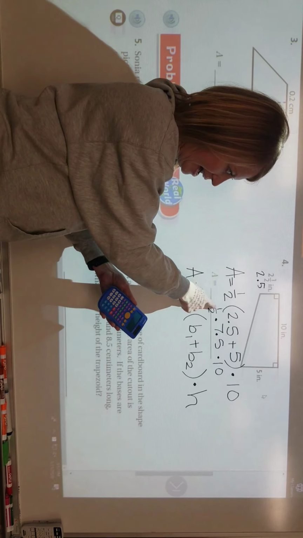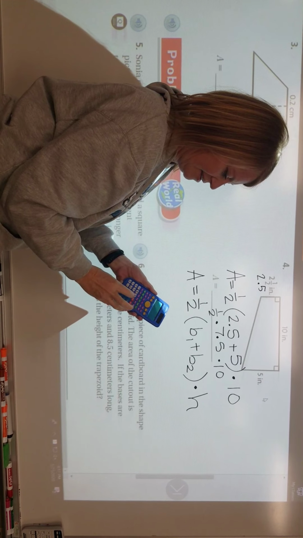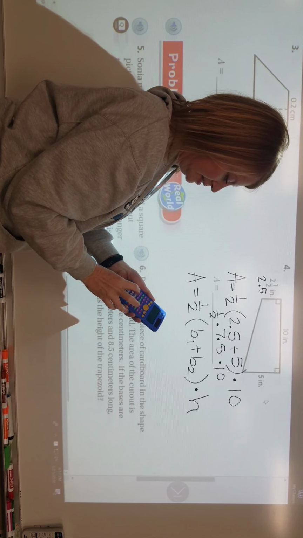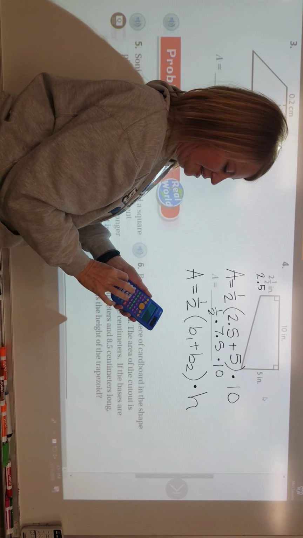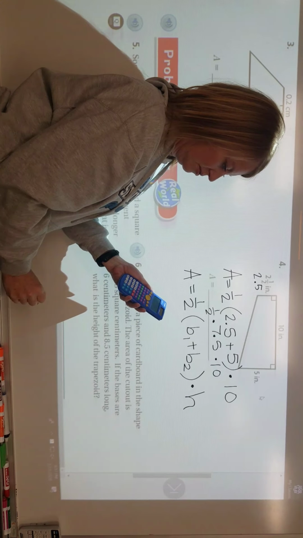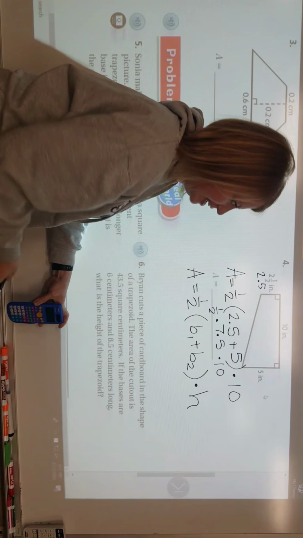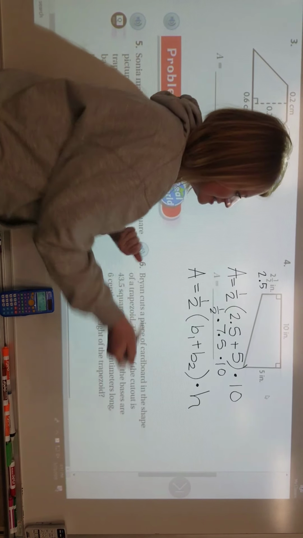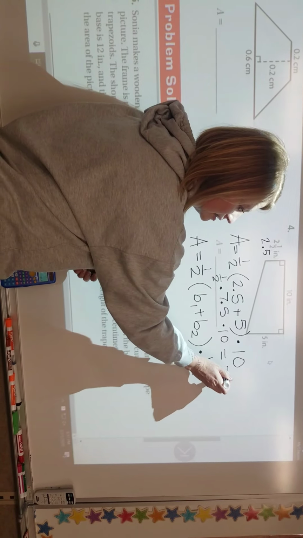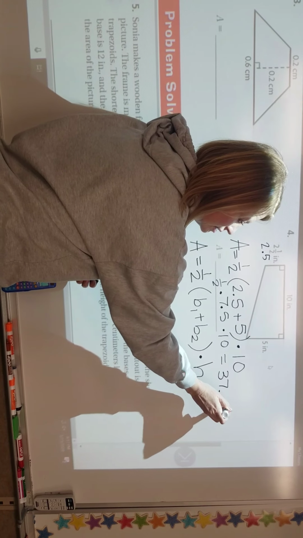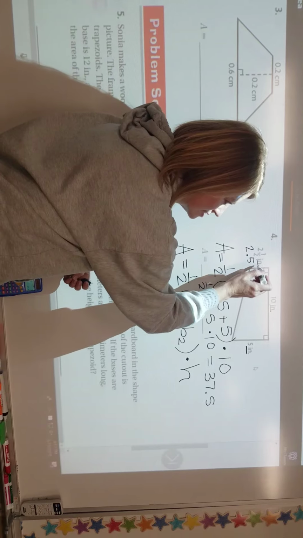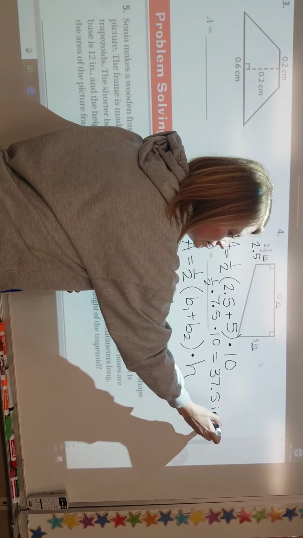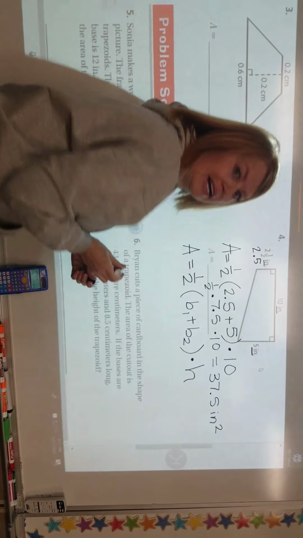I'm going to put that right in my calculator. So 1/2, that's just 0.5, times 7.5 times 10, which equals 37 5/10, and we're talking about inches squared.